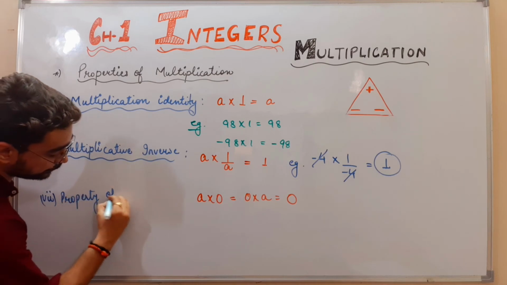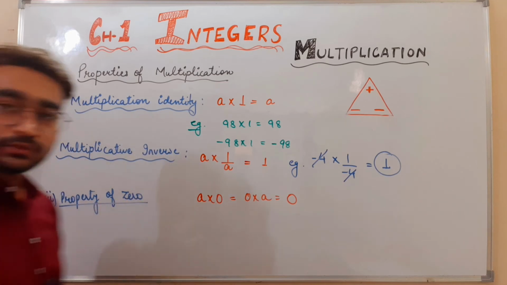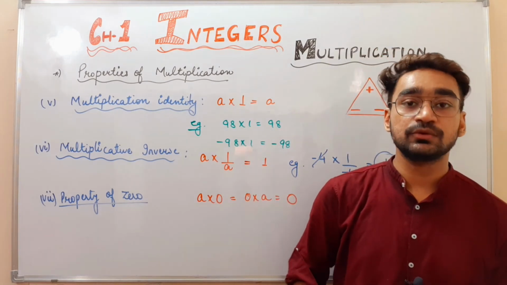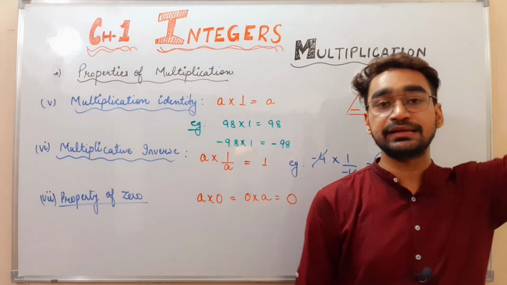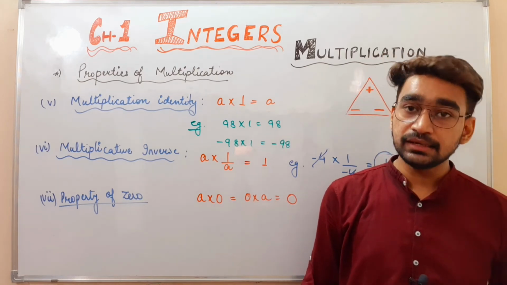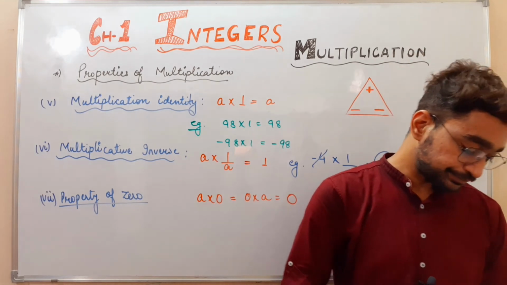Because we know that 0 into 5 is 0, 0 into 100 is always 0, 0 into 999 is 0. So whenever we multiply any number with 0, we always get the answer as 0 itself, right?